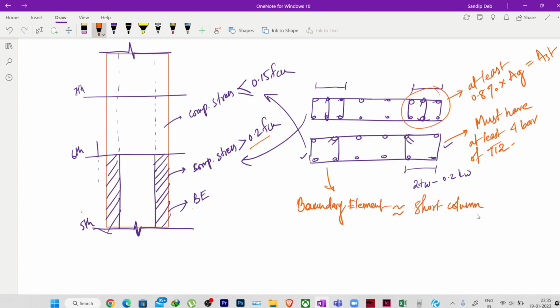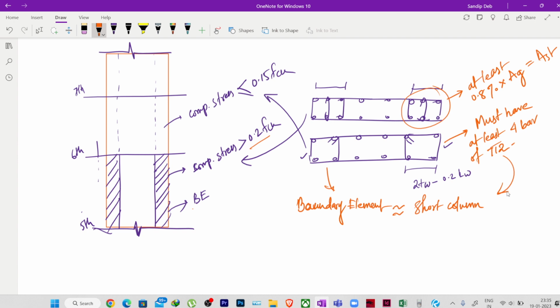So you all know that as per IS 456, we have this criteria that the columns should have minimum reinforcement dia of 12 dia, and it should be at least 4 number of 12 dia bars. So the same is applicable here. When you are providing the boundary element, it is like a column and it should have at least 4 bars of 12 dia. I hope it is clear.